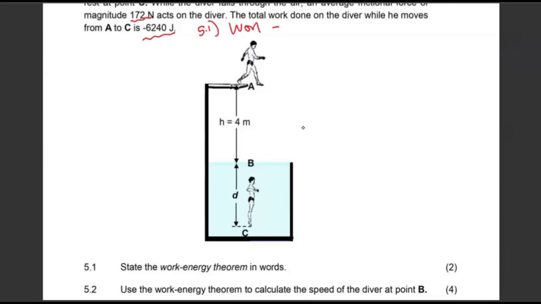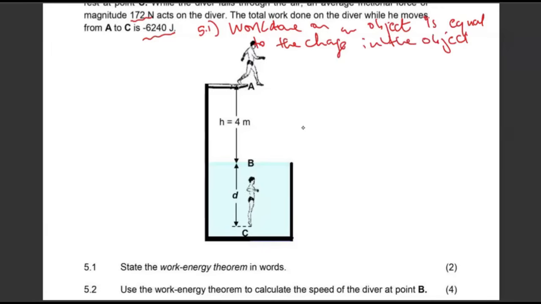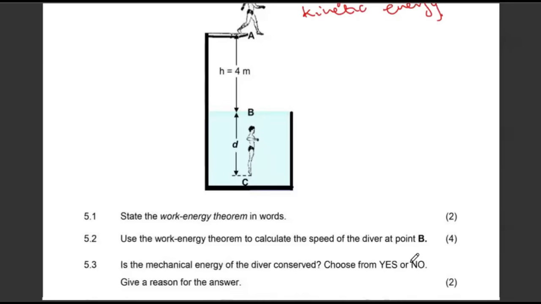So we can say that the work done on an object is equal to the change in the object's kinetic energy. Okay, so that is how you have to put it. The work done on an object is equal to the change in its kinetic energy.